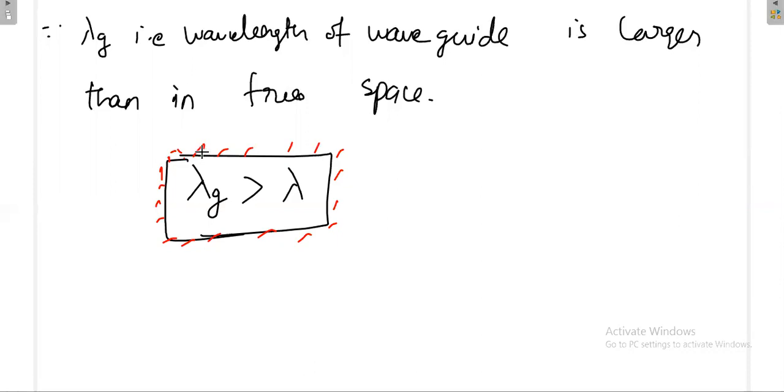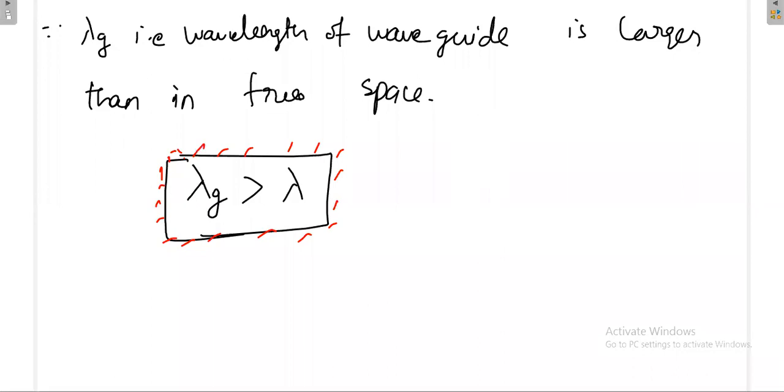Then we will see why we do not use the circular waveguide compared to the rectangular waveguide. In practice we mostly use only the rectangular waveguide, not the circular one. What is the reason behind that? Finally we will see why the TEM mode, transverse electric magnetic mode, is not possible in a waveguide.